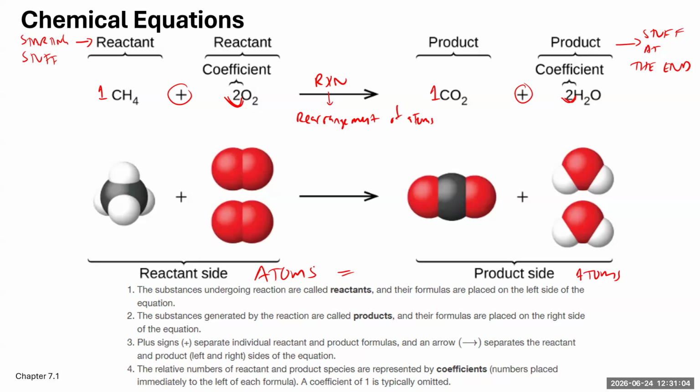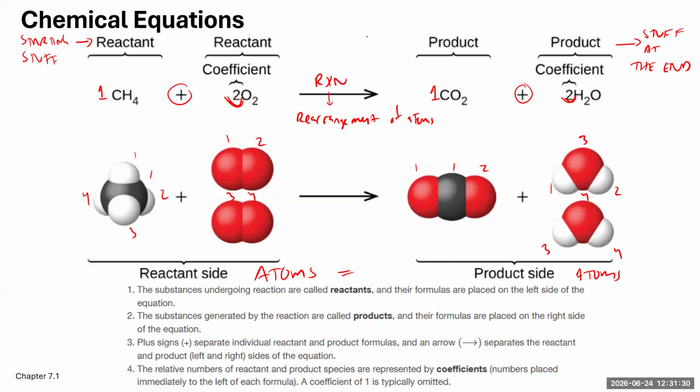We cannot lose atoms. We cannot gain atoms in the reaction. We just rearrange. Here we have 4 red ones, 4 red ones, 4 white ones, 4 white ones, one black one, one black one, right? So we cannot create or destroy atoms.